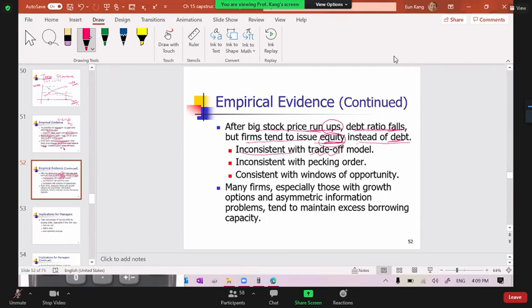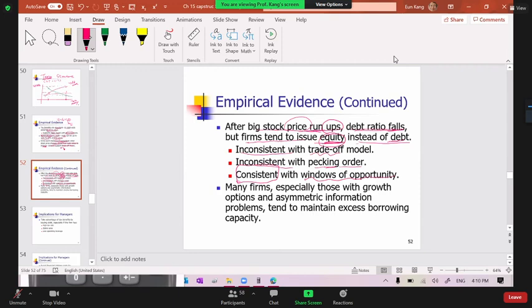But they issue equity to take advantage of the high stock price. That is inconsistent with the pecking order. The pecking order says that you have to use debt before you use equity, right? But it is consistent with windows of opportunity. I told you that windows of opportunity is, rather than a theory, an attempt to explain real life. So that's why it is consistent with real life.